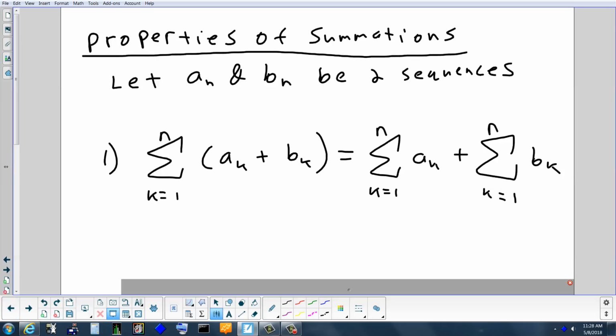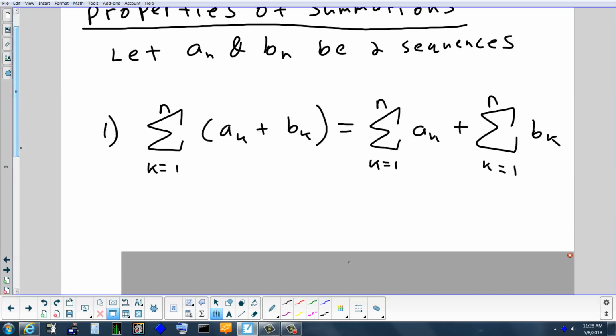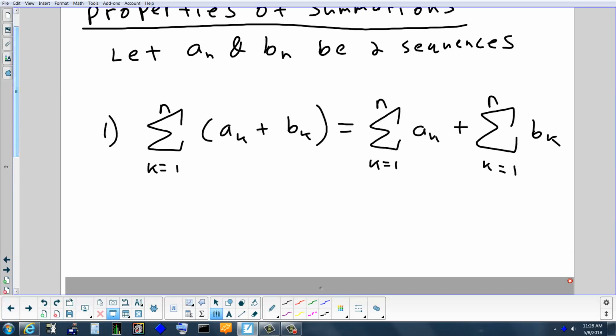Okay, so I'll make up two really simple sequences just to show you with a very small amount of terms. Let's let sequence A be the numbers 1, 3, 5. Let's let sequence B be the numbers 2, 4, 6.